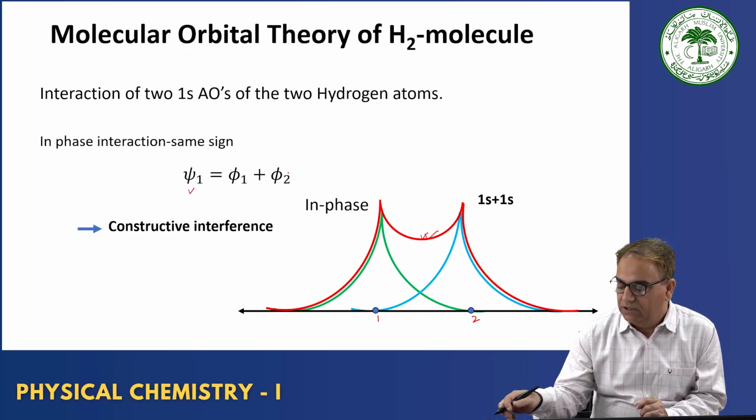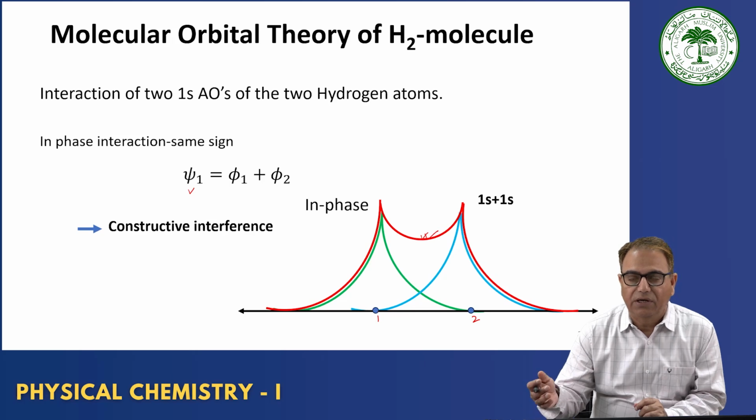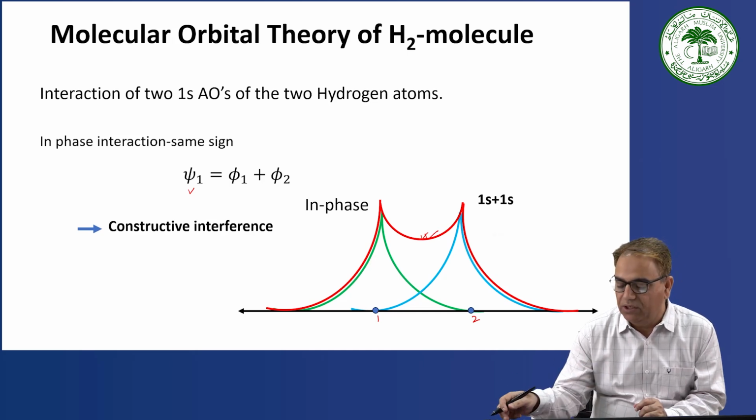It's exactly the same as we did in the H2 plus molecule ion. So we are talking about the H2 molecule. The only difference is that here also you get two molecular orbitals, bonding and anti-bonding, but the number of electrons is 2 here. In the case of H2 plus, there was 1 electron.